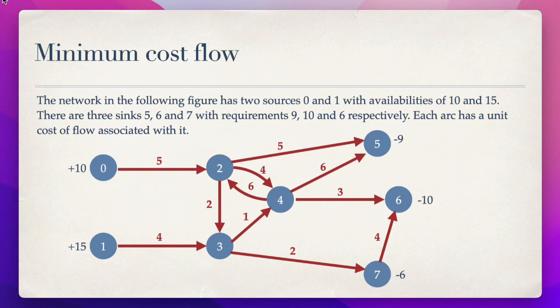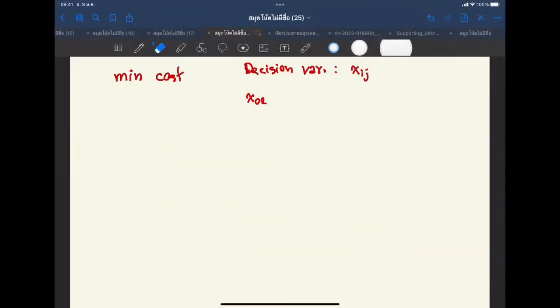We don't have x01, x03, x04 because the possible way is just x02. Okay, what else do we have?